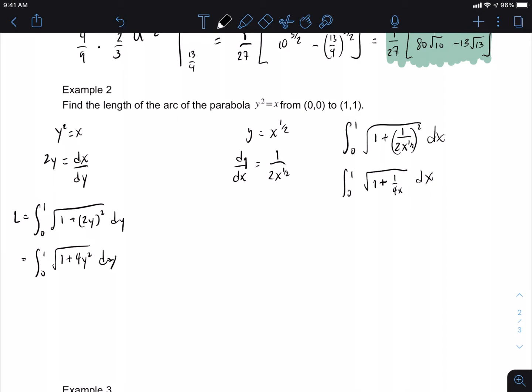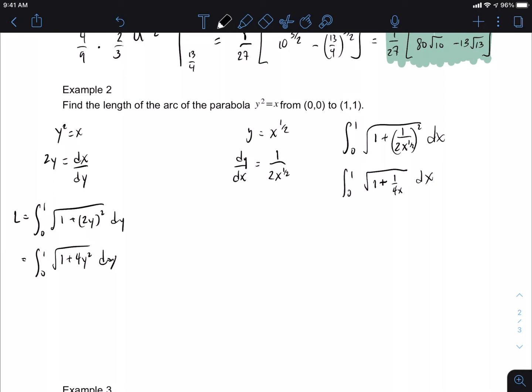Now, this problem still isn't easy. We still have to know techniques. By looking at this, we know that this is a trig sub, right? Can anyone tell me what trig sub this is? Is it tangent? It's tangent. Very good.